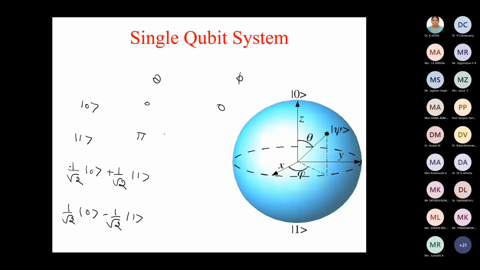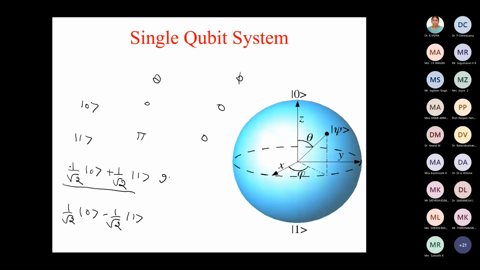In this case, theta is pi and phi is 0. Can anyone tell about this state, 1 by root 2 times 0 plus 1 by root 2 times 1? Theta is 90 degrees. Okay. And what is phi?